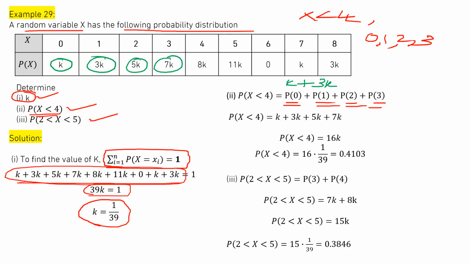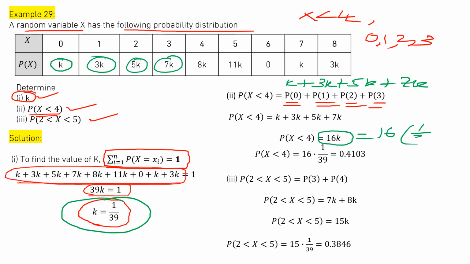P of 3, 7k. So k plus 3k plus 5k plus 7k. If you add all these, you will get 16k. Just now we calculated k equal to 1 by 39. So we substitute the k value: 16 times 1 by 39 is equal to 0.4103.